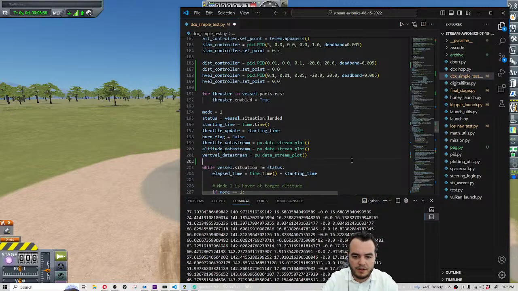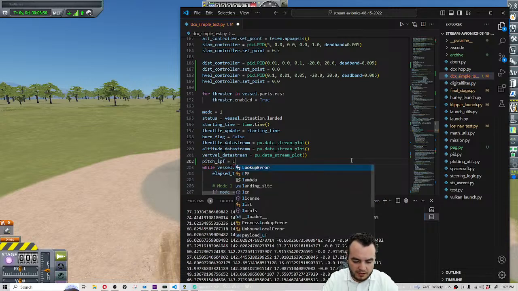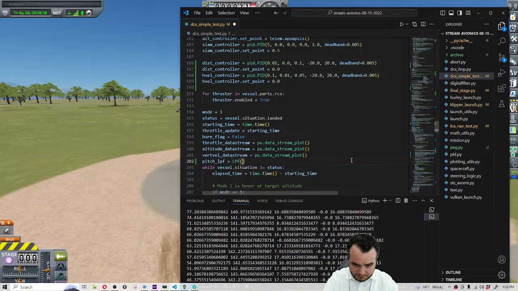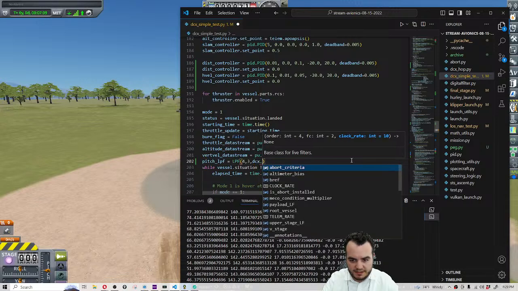Let's put it right here. Let's do pitch LPF. It's going to equal LPF. And then we'll do, sure, 4, 3, and then our clock rate, which should be DCX dot clock rate.